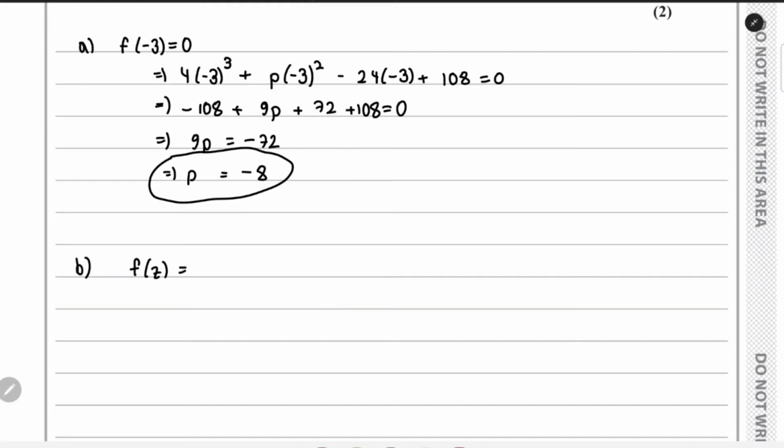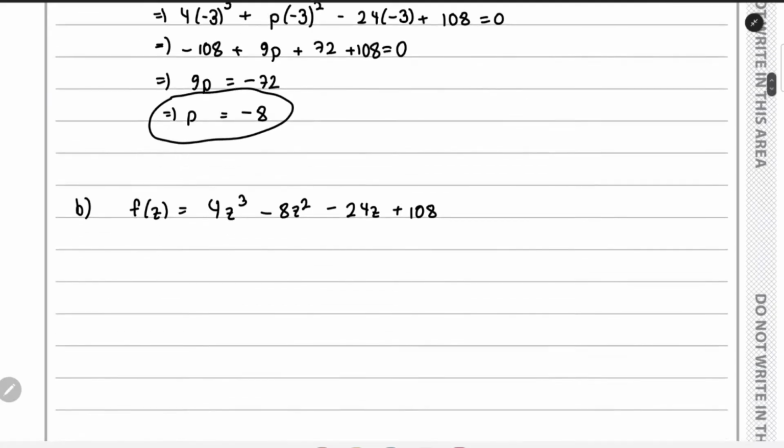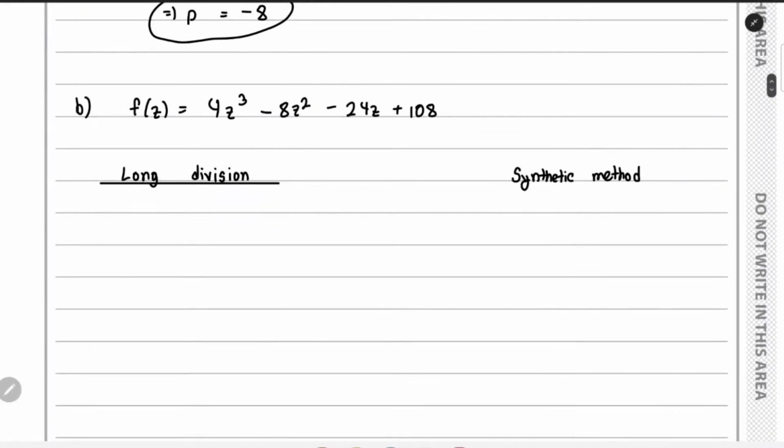If I write f of z down right now, since I have the value of p, this will be 4z cube minus 8z square minus 24z plus 108. So I can either use long division over here or the synthetic division. The long division is far more reliable over here, but if you're struggling with time conservation, you can go for the synthetic method as well.